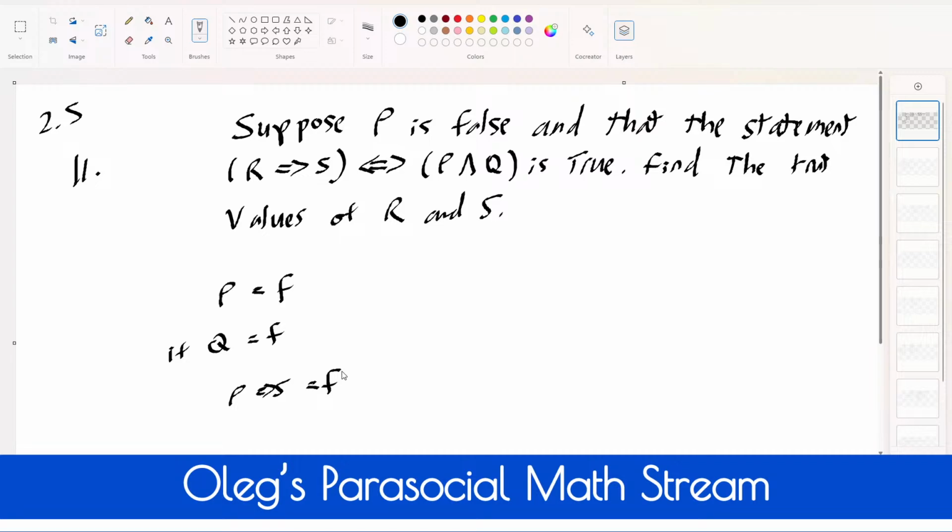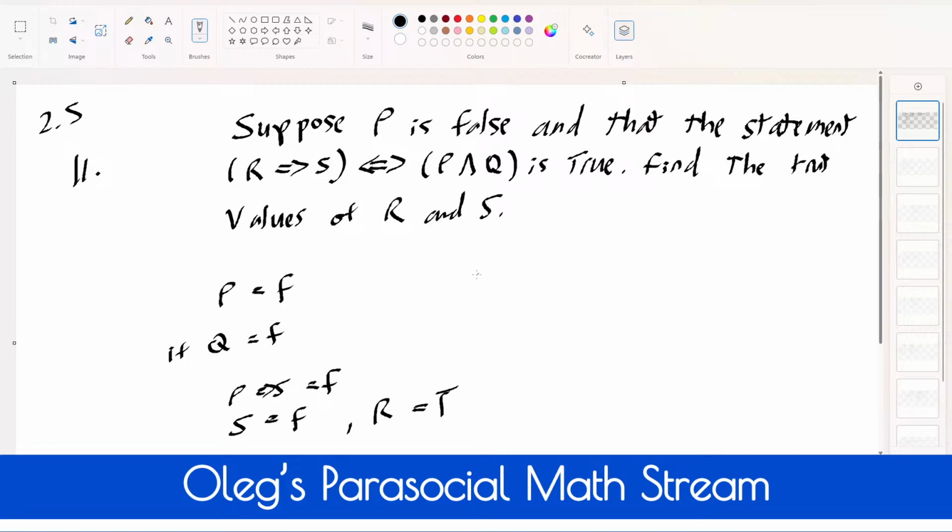So R implies S is false only when, okay, if this statement is false, that means the R has to be true and the S has to be false. I believe that's how it should be.